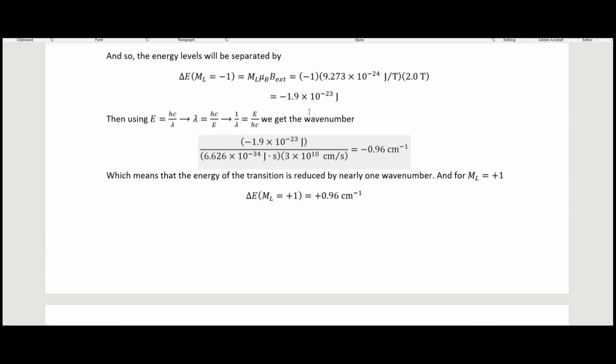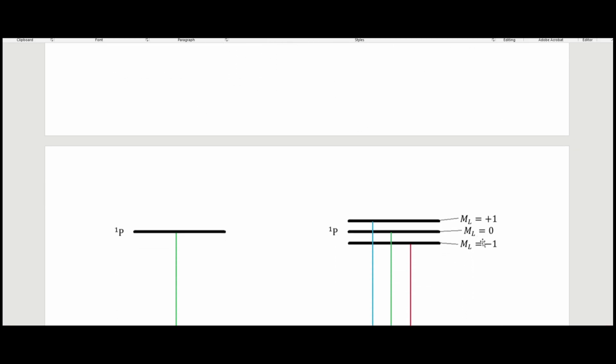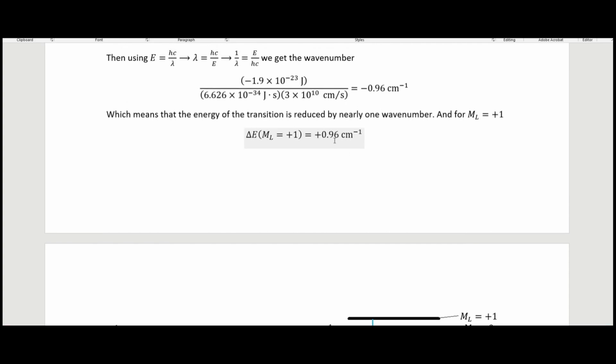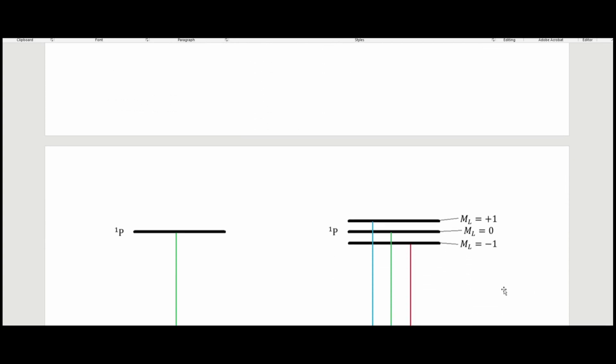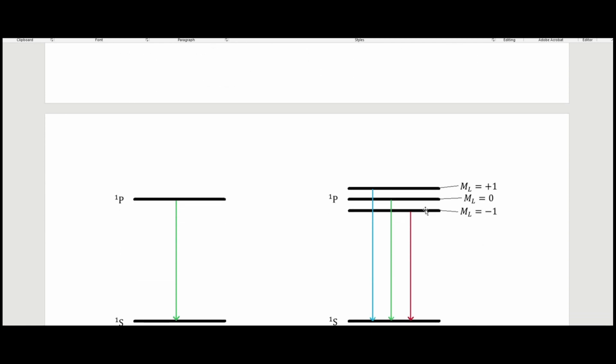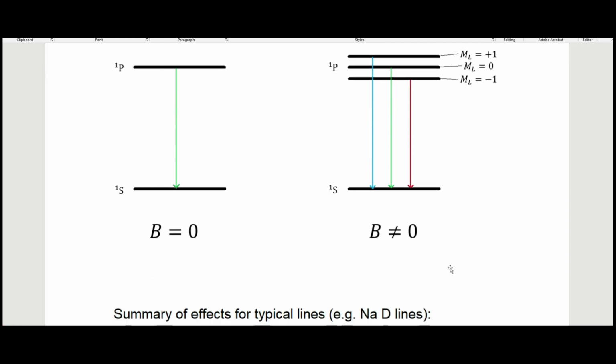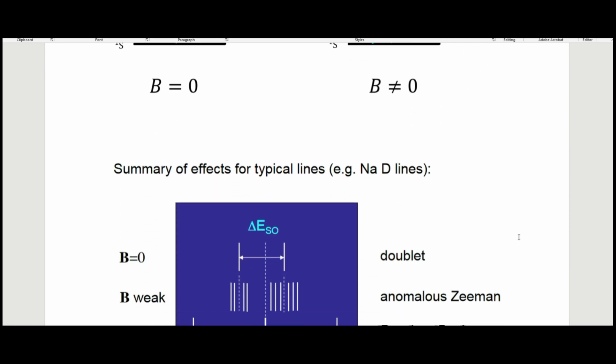In this case up here, the separation from m sub L equals 0 to plus 1 would be 0.96 wave numbers, and then this one right here would be minus 0.96 wave numbers. And so those are distributed about this m sub L equals 0 one right here.